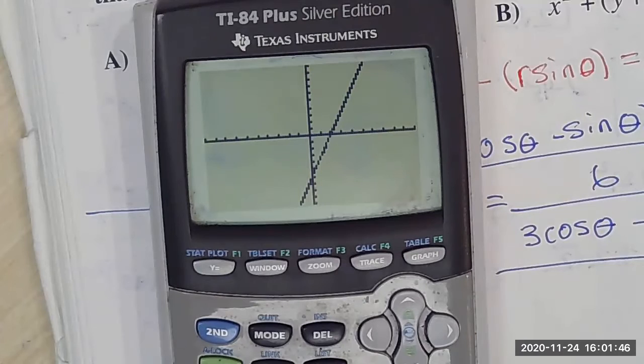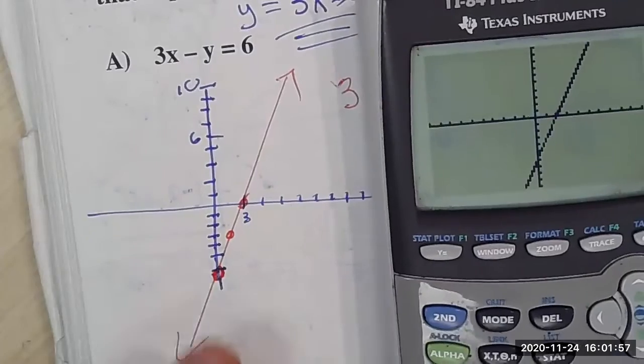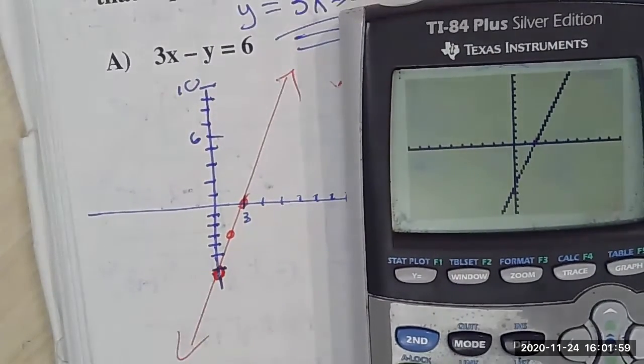I got a line, which looks like this one. But it's in polar form.